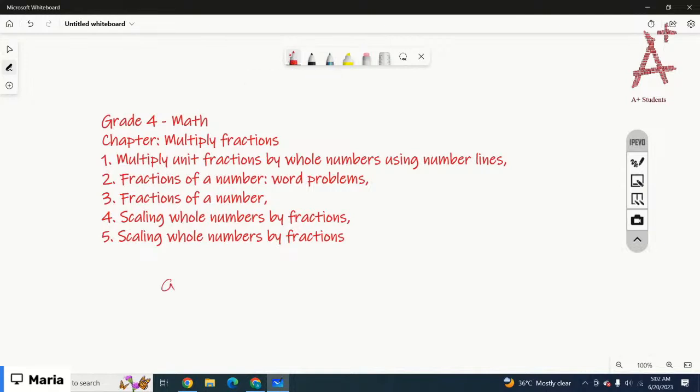You can find all the lessons on aplusstudents.com. You have to log in there. The password is provided by the administrator.